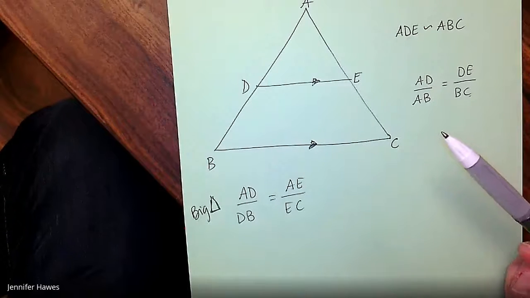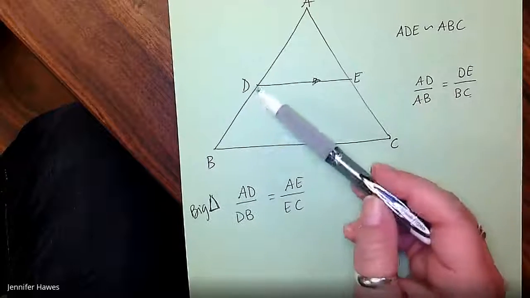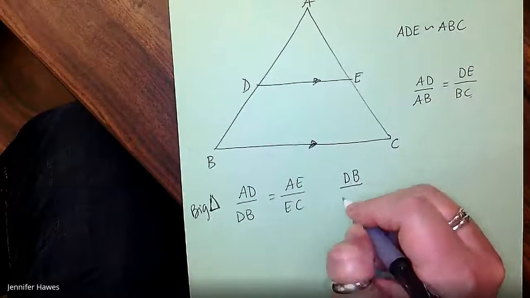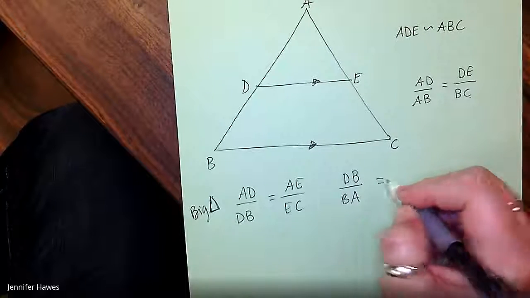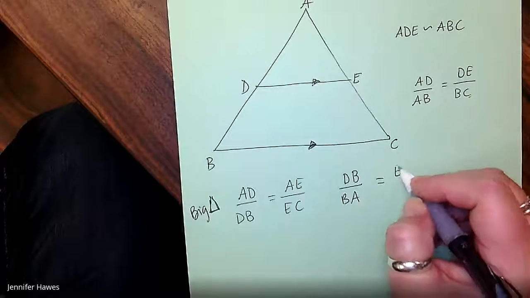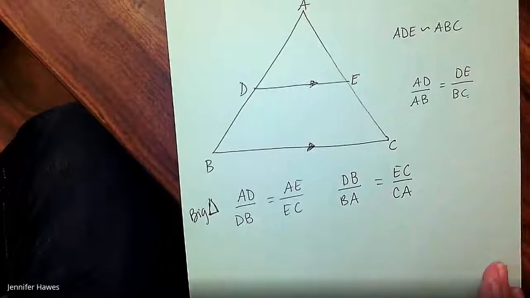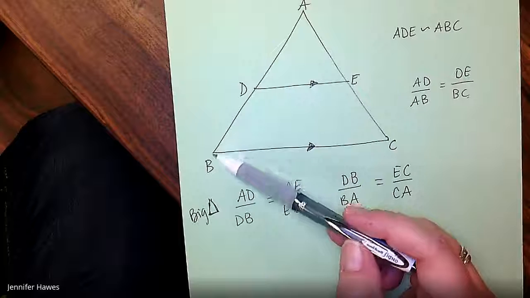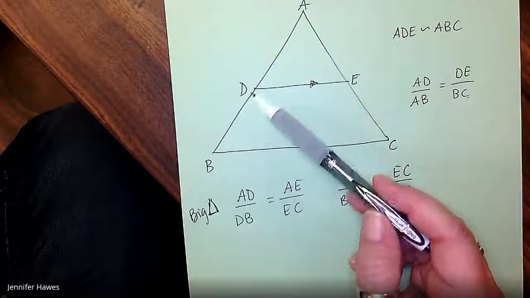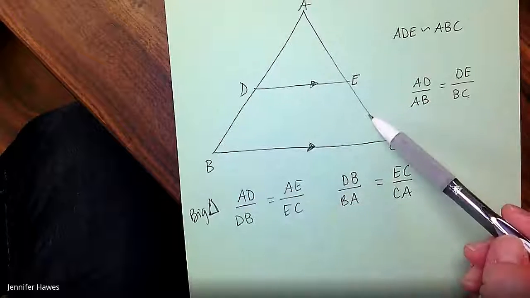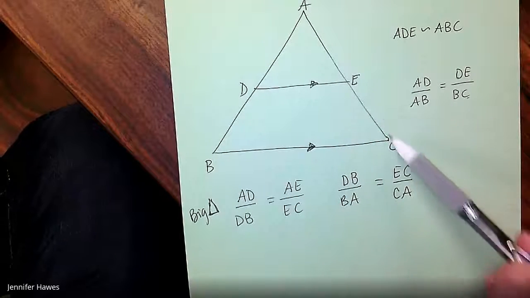I can do DB over BA equals EC over CA. I look at the shared angle: the bottom piece over the whole thing equals the bottom piece over the whole thing.